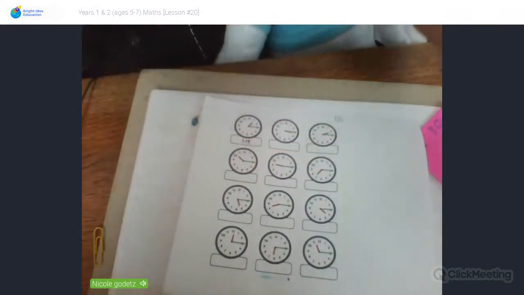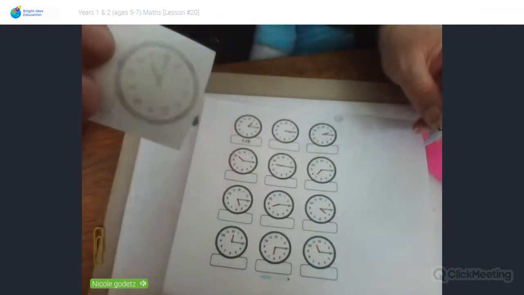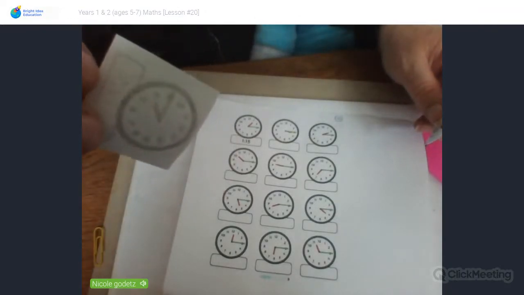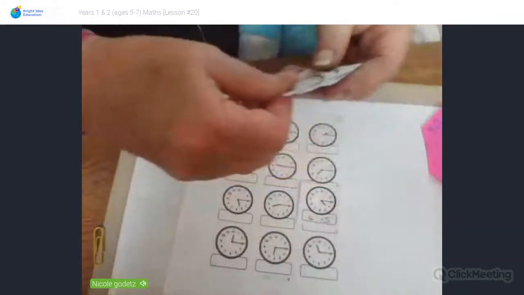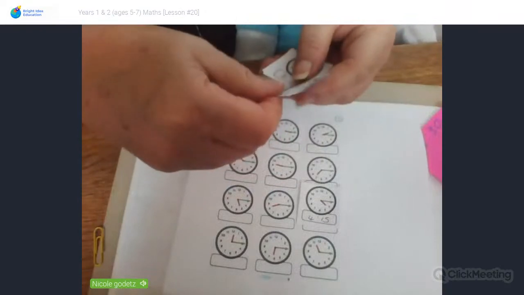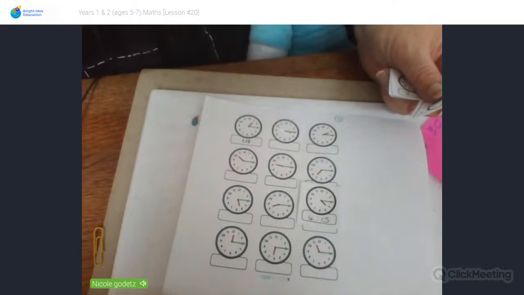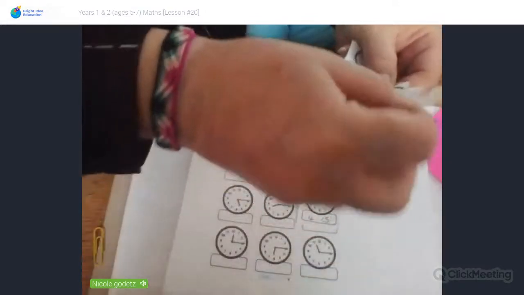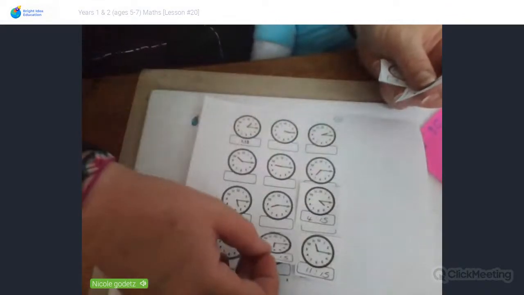So what's the first one I've got? The first one I've got is 4:15. The next one I've got is 11:15. Next one I've got is 6:15.